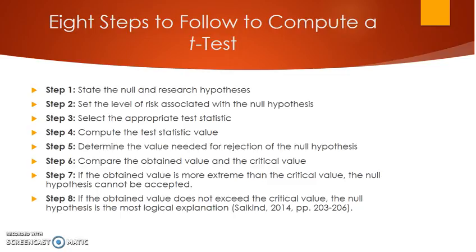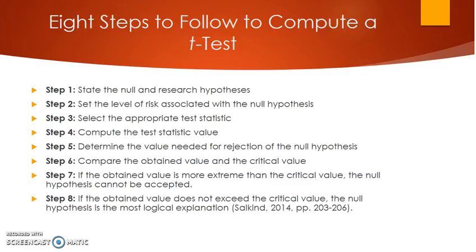Now these are 8 steps to follow to compute a t-test, and this was also developed by Neil Salkind. So step 1, state the null and research hypothesis. Step 2, state the level of risk associated with the null hypothesis. Step 3, select the appropriate test statistic. Step 4, compute the test statistic value.